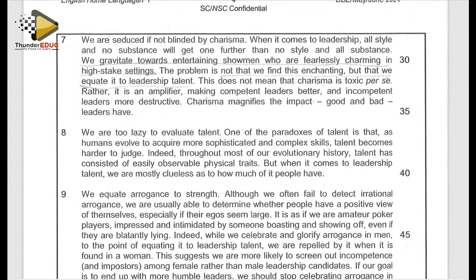Humans become more advanced when it comes to development. So talent now becomes very difficult to identify and weigh and criticize. So now when it says we're too lazy to evaluate talent, it says we are clueless to what's the extent of the talent the person has in leadership, and therefore we are failing to distinguish.